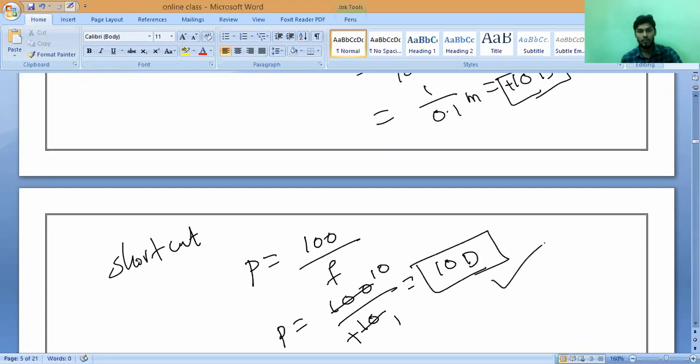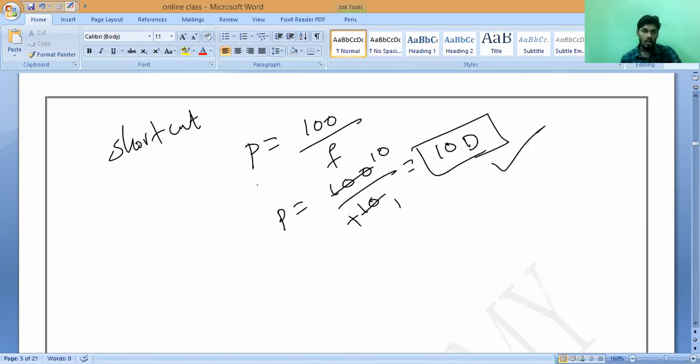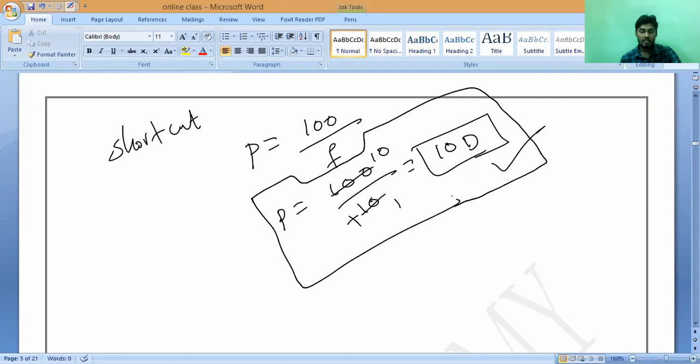Do you understand, all of you? But this is the formula which you have to use only when the focal length is given in centimeters. By that time, 100 will come. That is the thing you should remember.